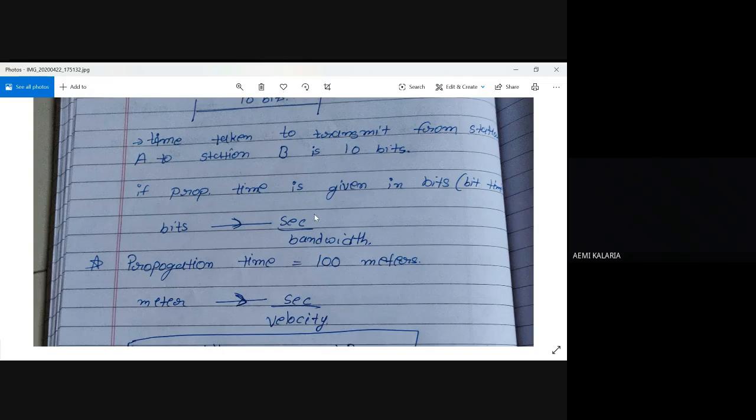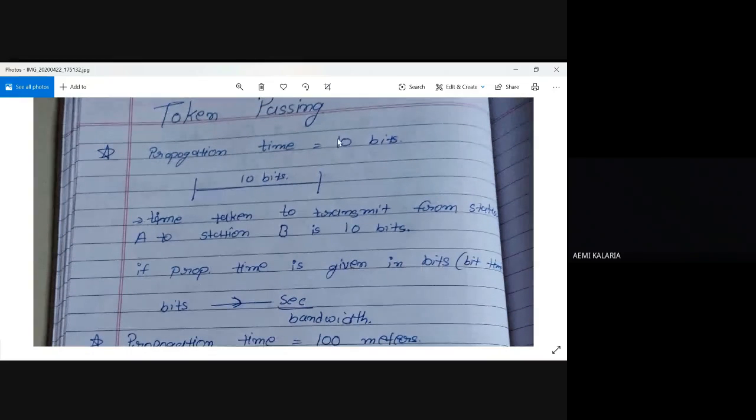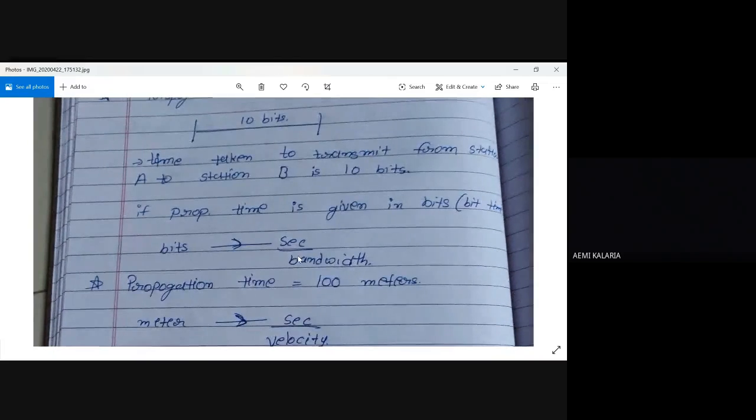I'll take an example, don't worry. If you are not clear with this concept, I'll take the example. But here I'm simply explaining the theory. Reverse also you can do: from 10 bits I want seconds, right? So simply if I multiply seconds by bandwidth, then it will give me bits, right?